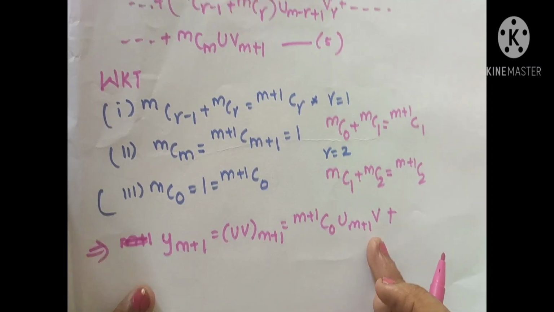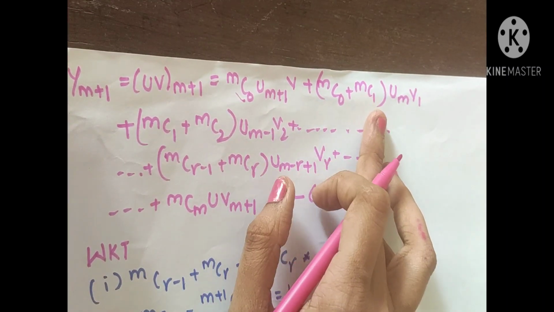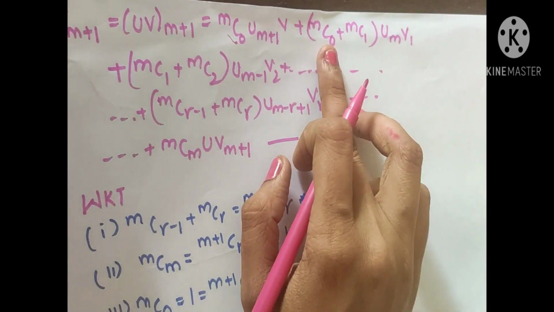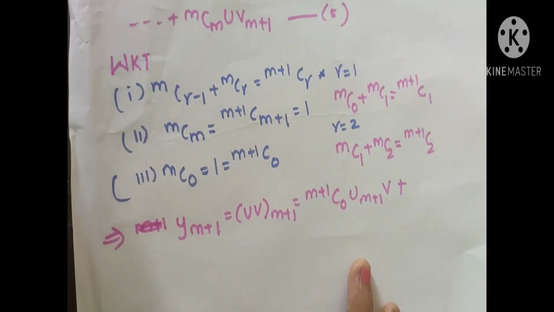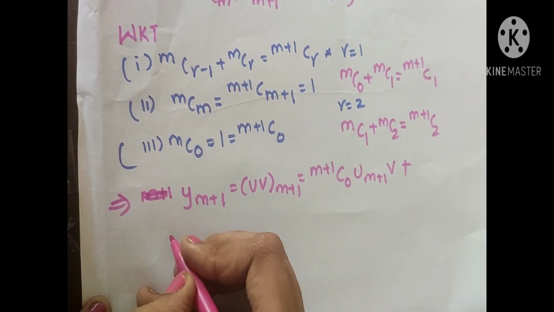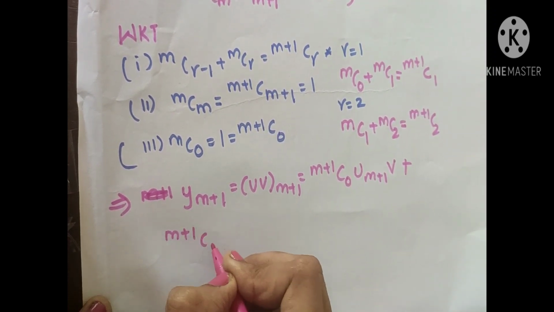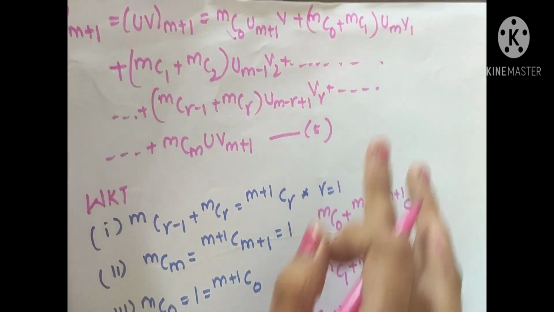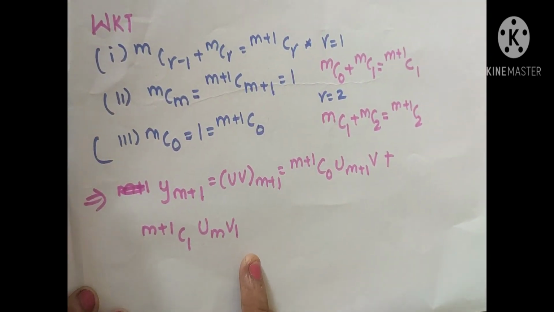Next one is mC0 plus mC1, which can be written as (m+1)C1. So instead of this one, I can write (m+1)C1 times u^m v1, keeping u^m v1 as it is.